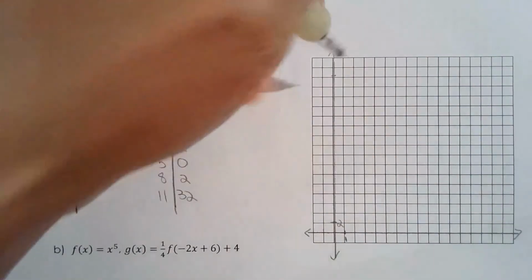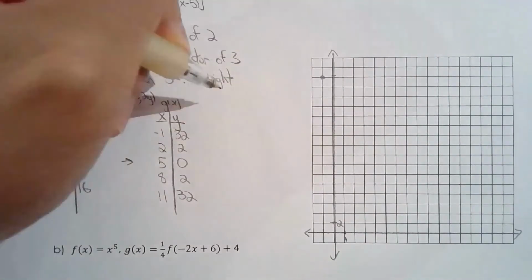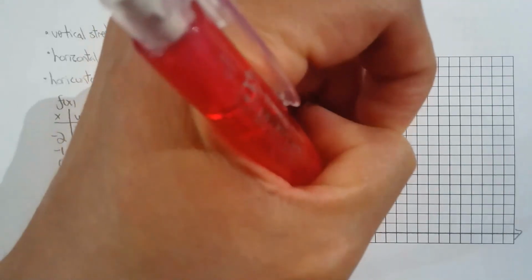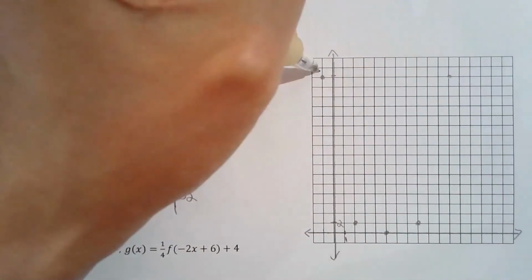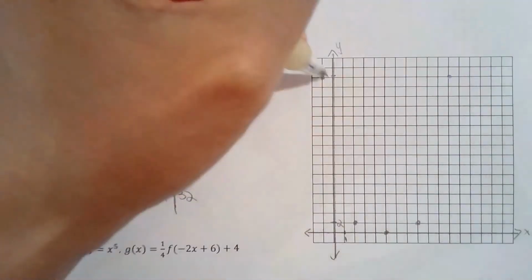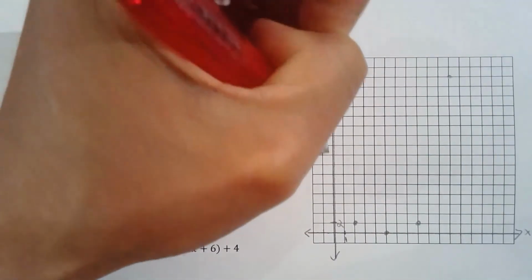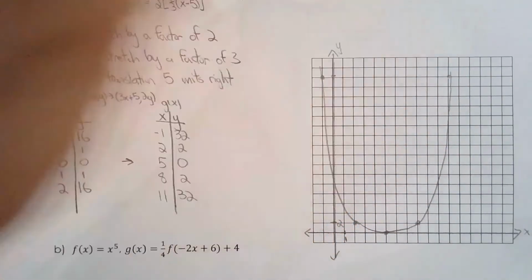So, -1, 32. Beautiful. 2, 2. 5, 0. And then based on the symmetry, that must be the case. Beautiful. And do I see line symmetry, ooh, that was not good.